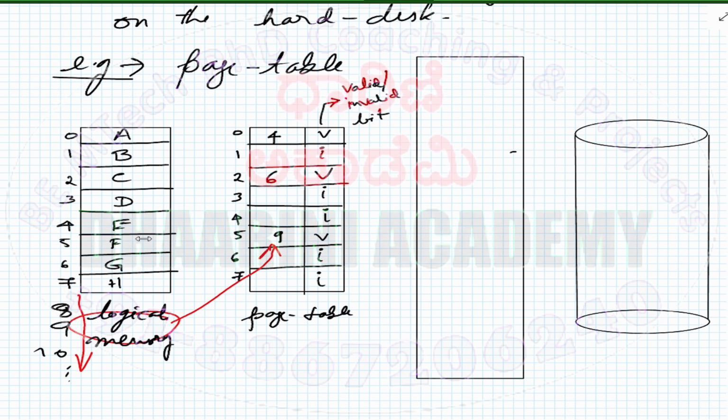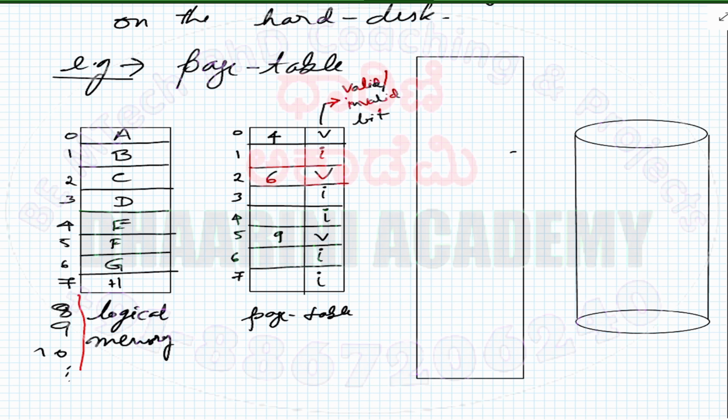Others are not valid in the sense that they are not present in the main memory, but they are present on the hard disk. You have to do a swap-in operation to read it. Okay, let's continue this part using the physical memory.